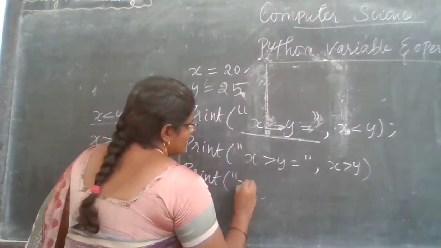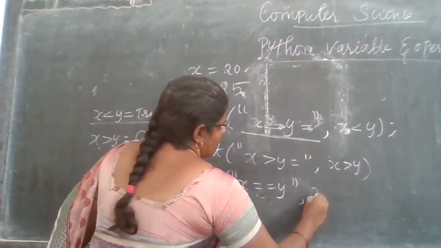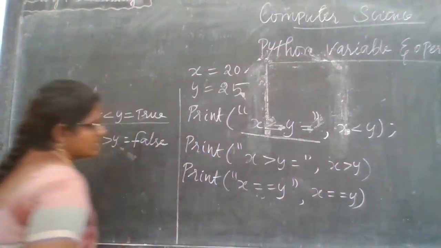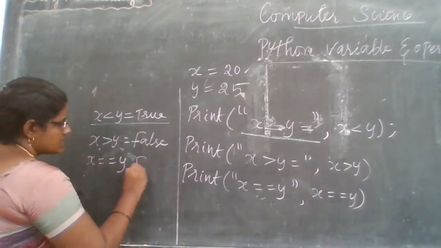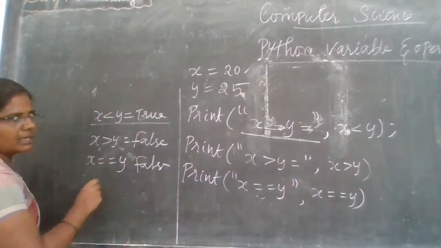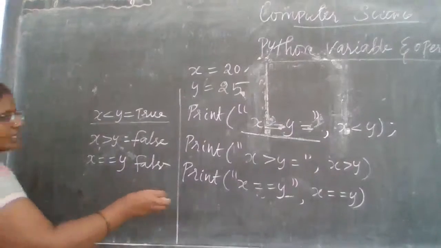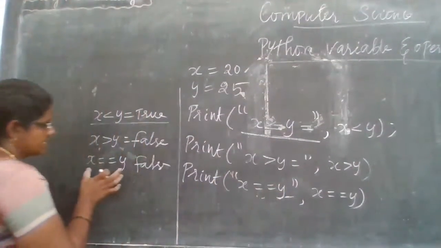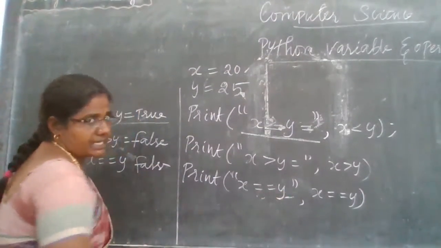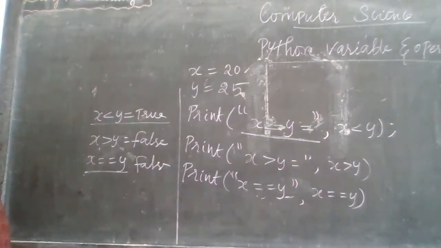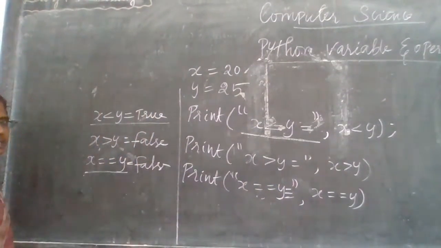For x equal to y, if I write it like this, comma x equal to y, the result will display x equal to y false. Here the equal to symbol is not present because I missed giving the equal symbol inside the double quotes. Whatever I give in double quotes is displayed as it is on the screen. Here I am using only x equal to y, and the equal to is missing, so the output only displays x equal to y. If I give the equal symbol, it will be displayed on the output screen.